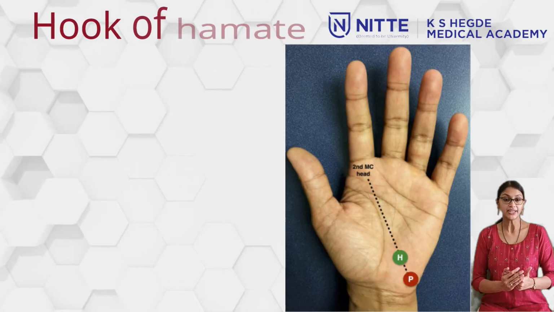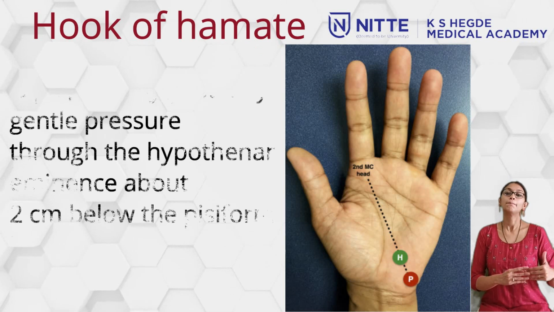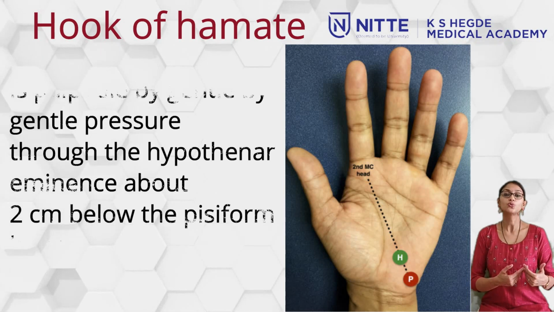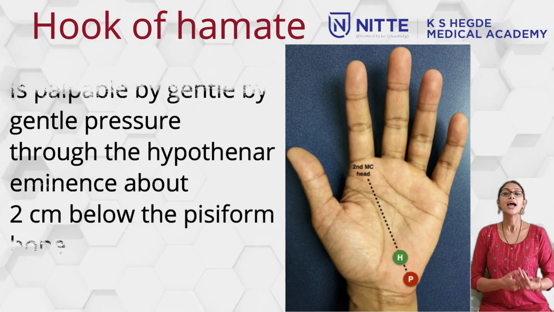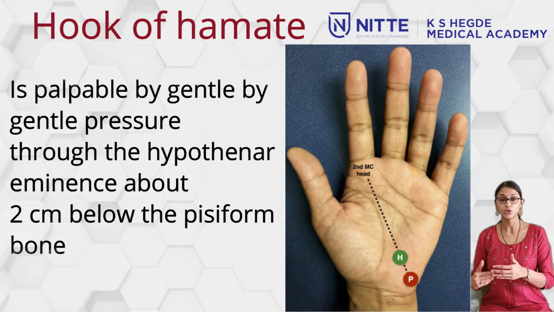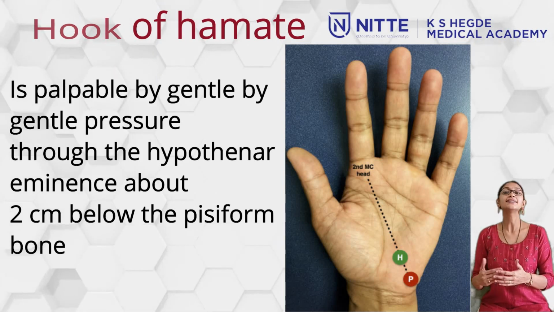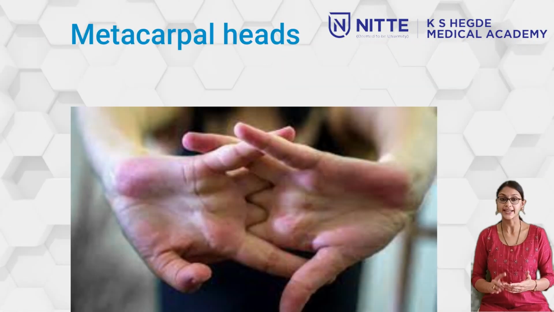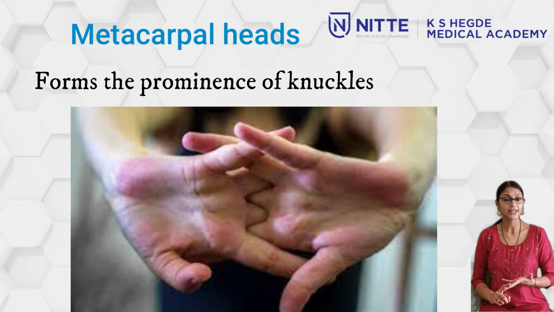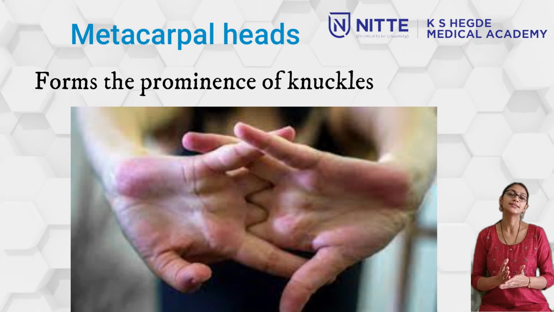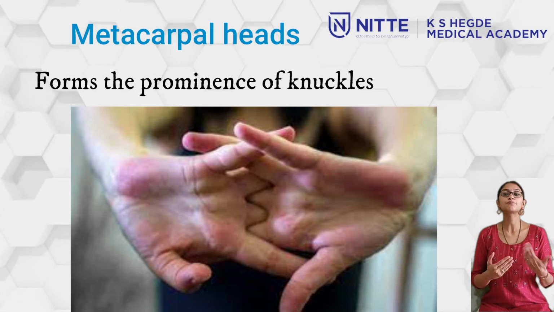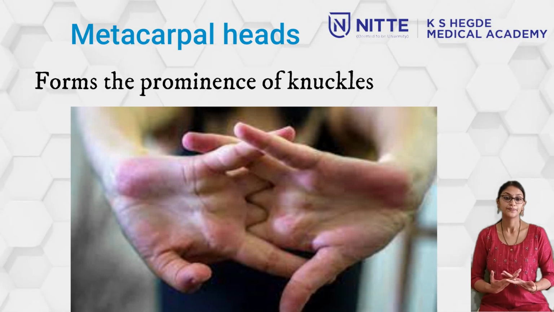Hook of hamate is palpable by gentle pressure through the hypothenar eminence about 2 centimeters below the pisiform bone. It lies within the ulnar border of the ring finger. Metacarpal heads form the prominence of the knuckle and the most prominent is that of the middle finger.